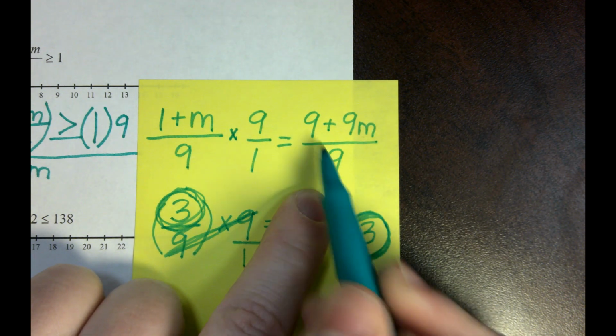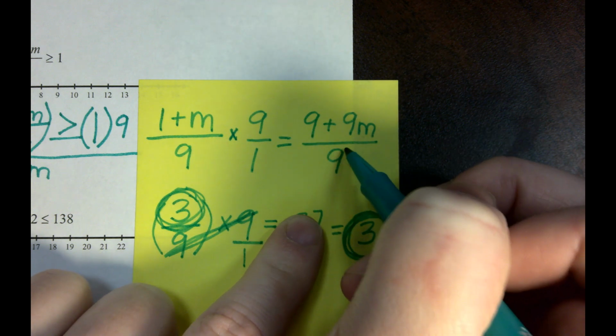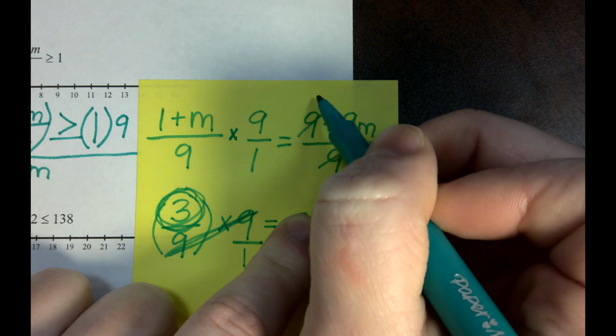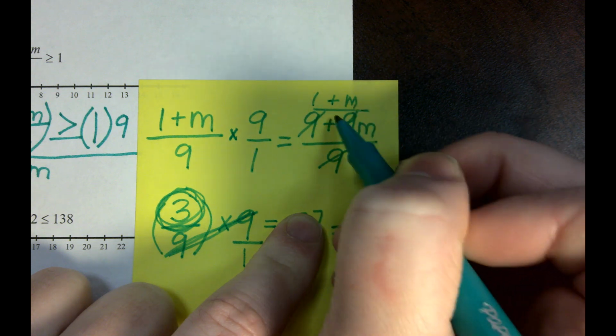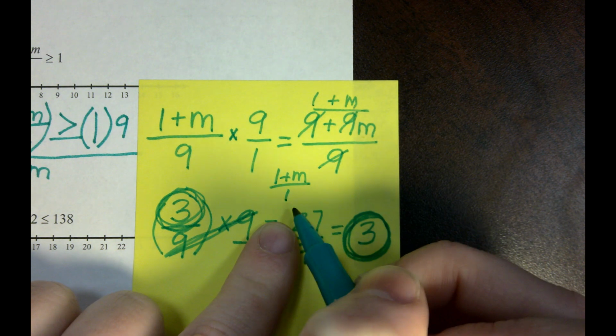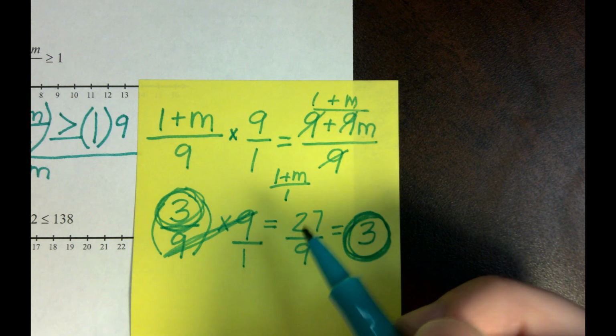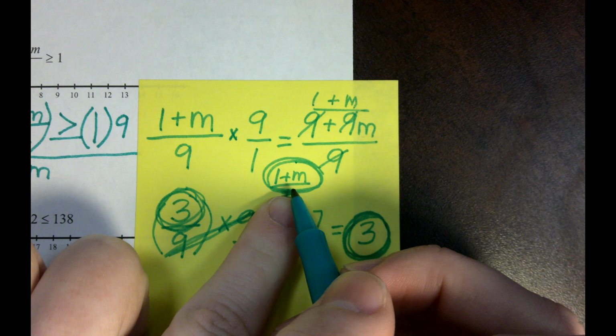And then these would simplify. You can cancel them out. What would happen is we divide this whole thing by 9. It becomes 1 plus m over 1. And if anything is over 1, you don't need it. It would just end up being that 1 plus m.